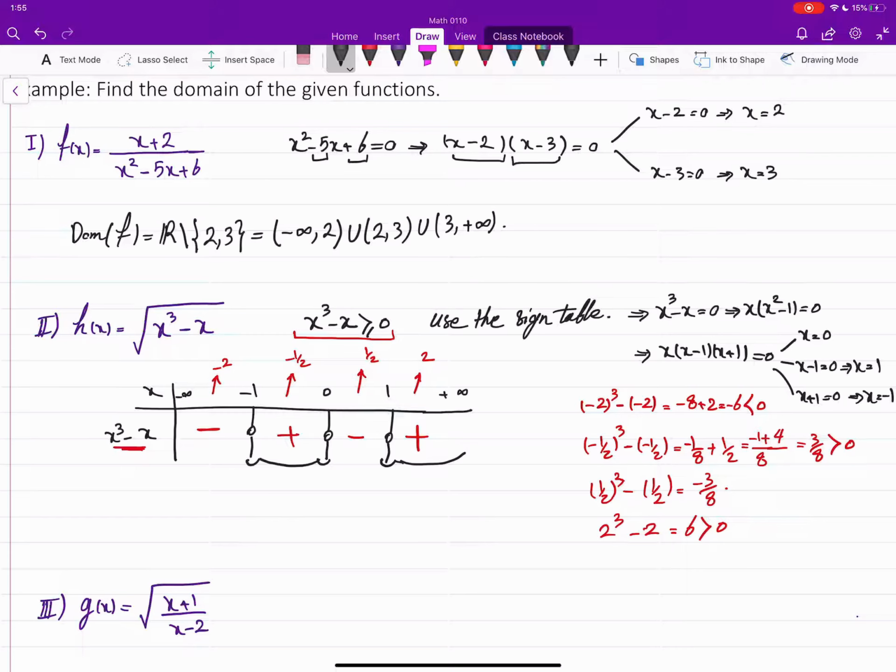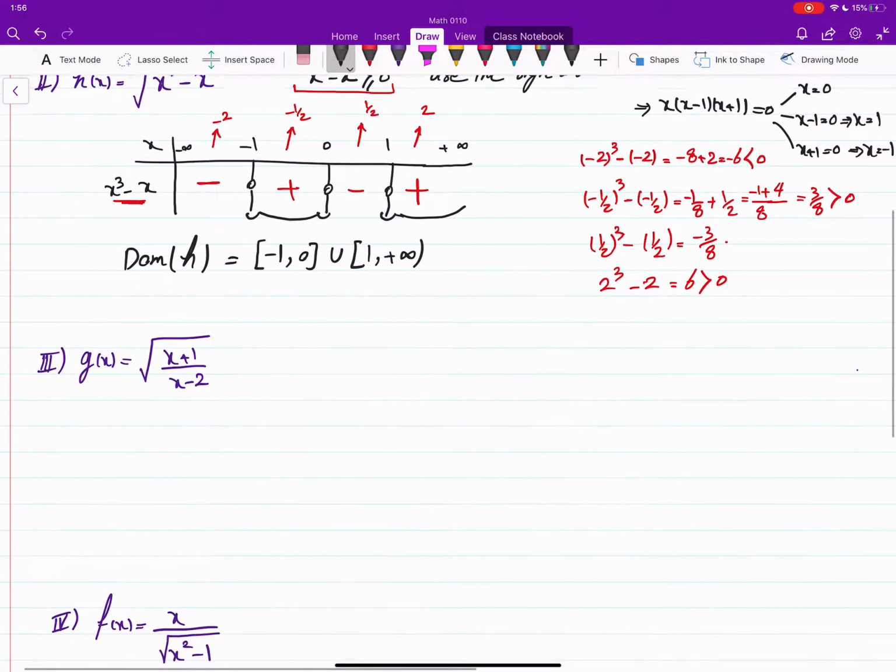So the parts which make x cubed minus x bigger than or equal to 0 are negative 1 to 0, union 1 to plus infinity. This is the domain of the function h, which we wrote in terms of 2 intervals.